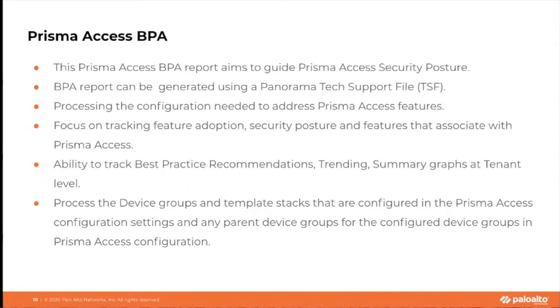This Prisma Access BPA report will give you the ability to track the best practices and also provides recommendations and trending summary graphs at per tenant level. It processes the device groups and template stacks that are configured in the Prisma Access configurations.